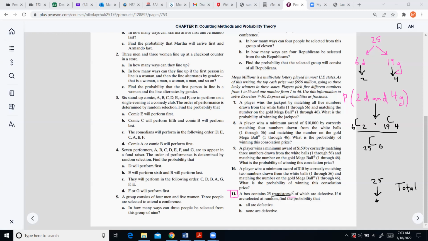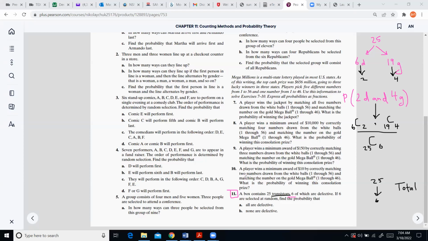When we order, we use permutations, remember? So either combinations or permutations. Out of this total that we select 6 from 25, I needed a special number of defectives, only 2. So 2 I pulled from 6, that's my numerator, and 4 I pulled from 19.